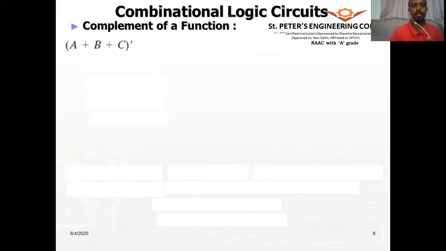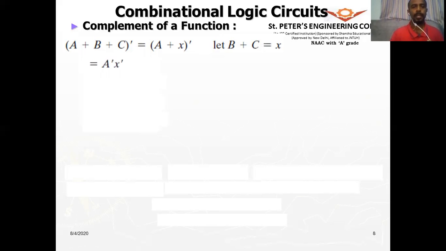Next, how do we find the complement of a function? If you have a OR b OR c, we want to find the complement of that. For that, let us treat b OR c as x. Here, we only know 2 literal operations, so let us start with a 2 literal operation. We call this a OR x, where x is b OR c.